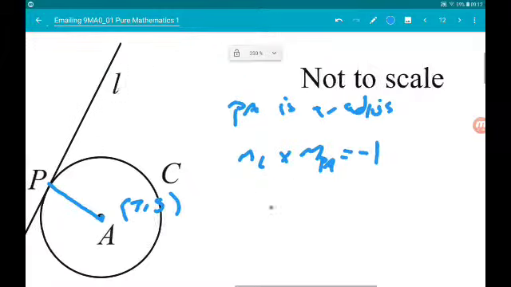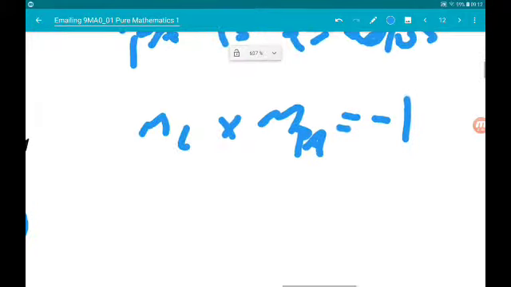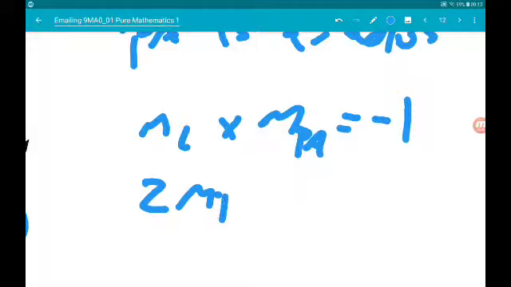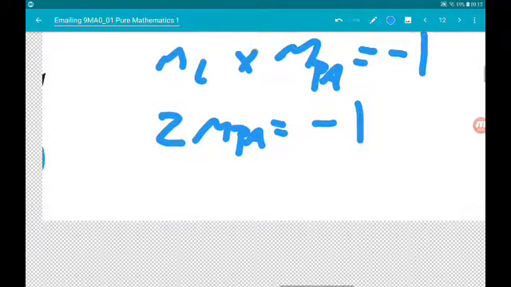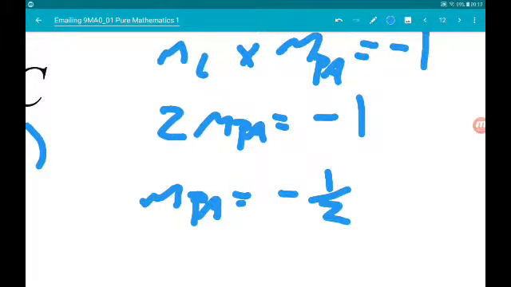Now the gradient of L, y equals 2x add 1, is 2. So 2 times the gradient of PA is equal to minus 1. Therefore, the gradient of PA is equal to minus 1/2.